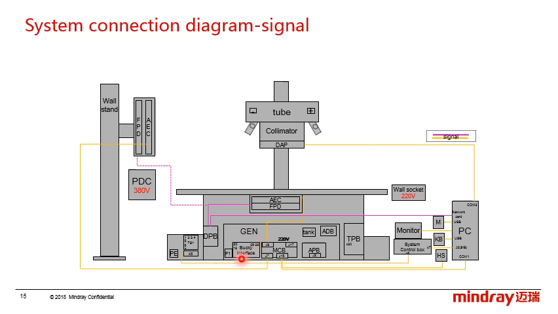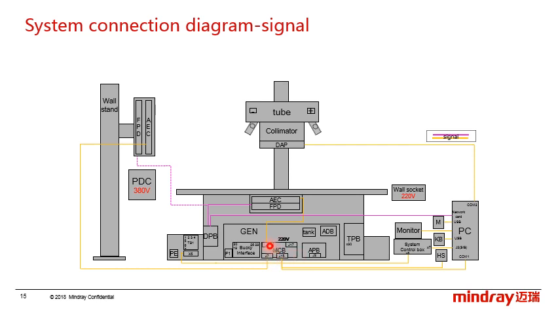As we can see, all the signals are created by the generator. For example, the J15 connector, which is the communication between the PC, the hand switch, and the generator.